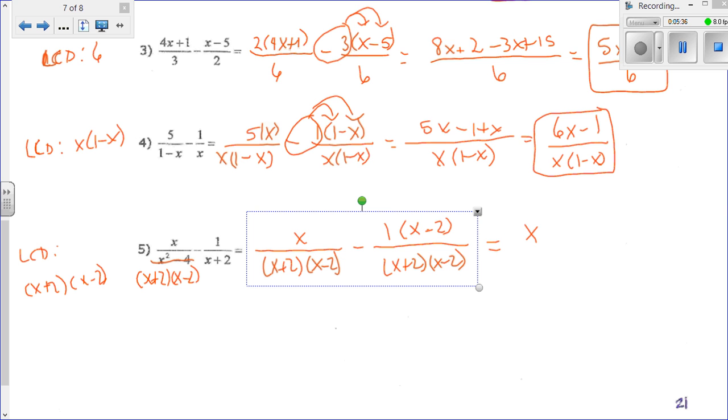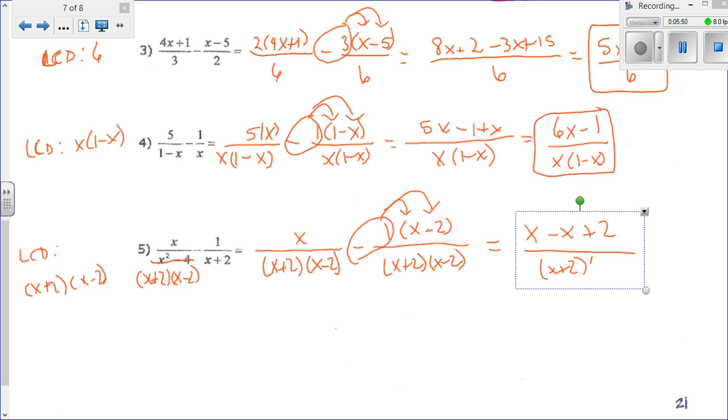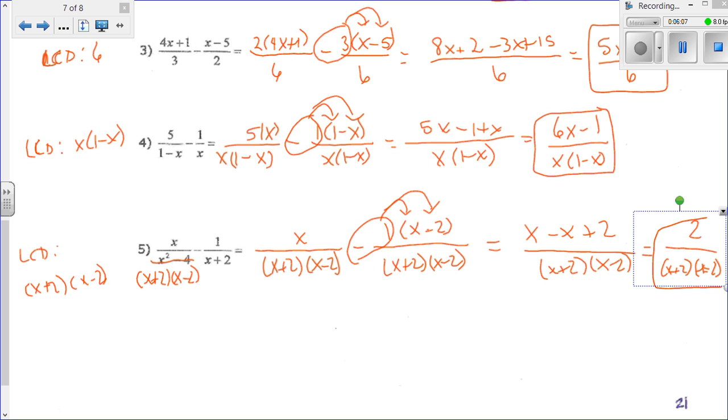So I have x. Distribute the negative with the 1. So I have negative x plus 2 over x plus 2, x minus 2. And then I combine like terms. Well, when I do that, I'm just left with 2 over x plus 2, x minus 2. And that is my final answer because that's not factorable.